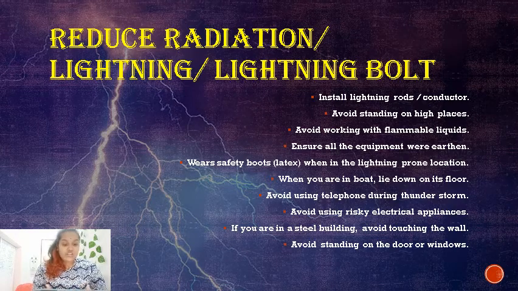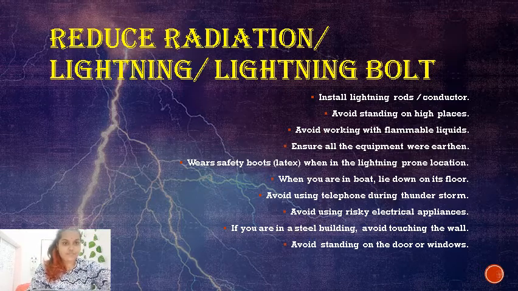Avoid using the telephone during a thunderstorm. When you are in a boat, lie down on its floor. And if you are in a steel building, avoid touching the walls and avoid standing near doors or windows. This is all you can do to reduce lightning hazards.